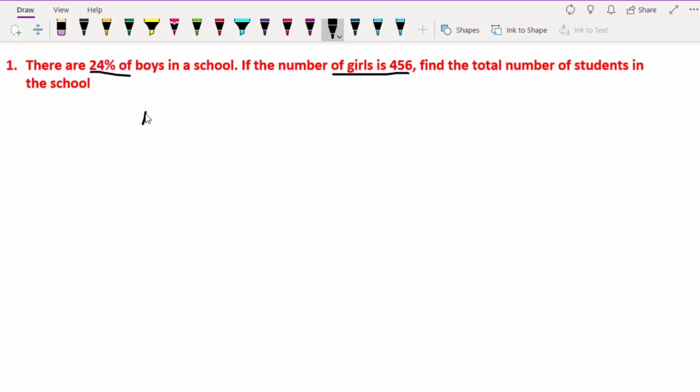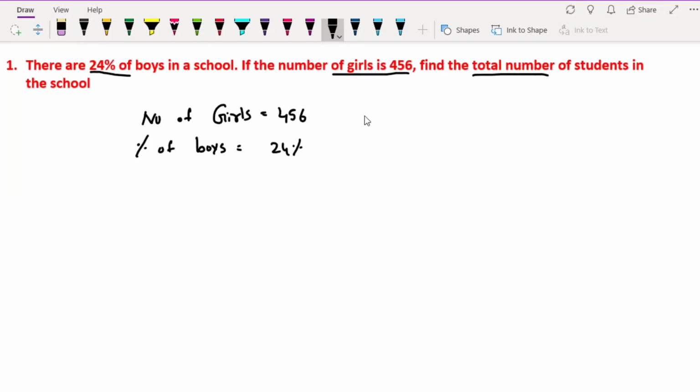So, number of girls. Let us write down the data that we are getting from the question. Number of girls: 456. Percentage of boys: 24%. And we don't know the total number of students.